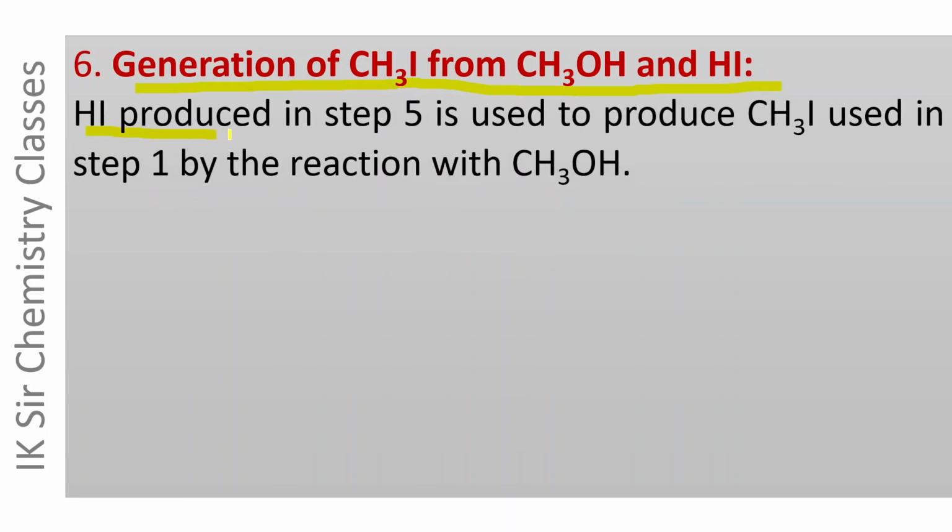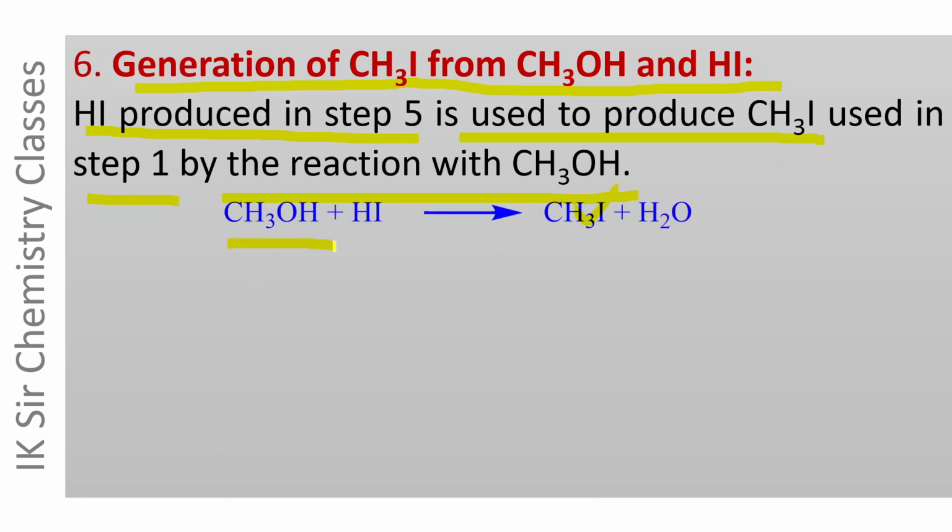HI produced in step 5 is used to produce methyl iodide used in step number 1 by the reaction with methyl alcohol. Methyl alcohol reacts with HI produced in step number 5, producing CH3I and H2O.